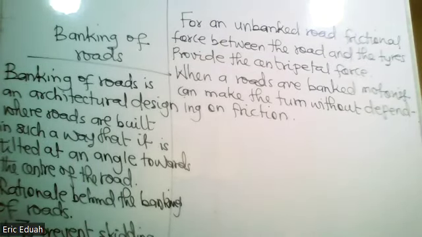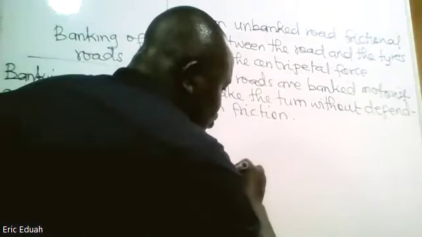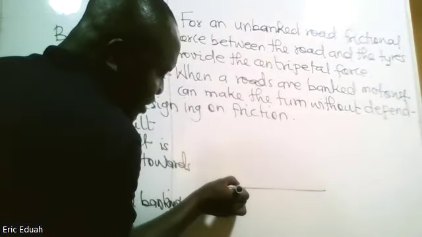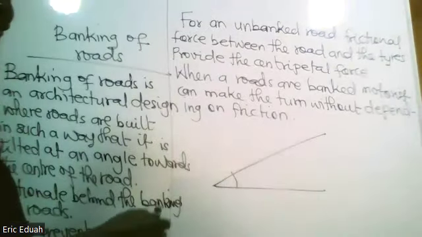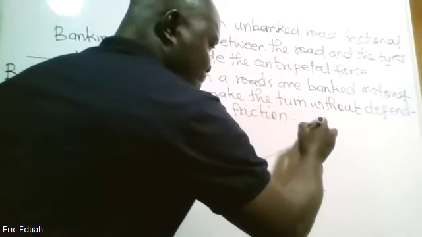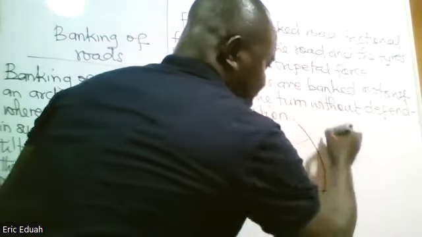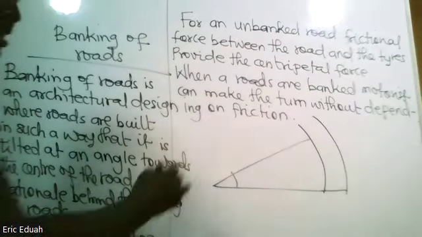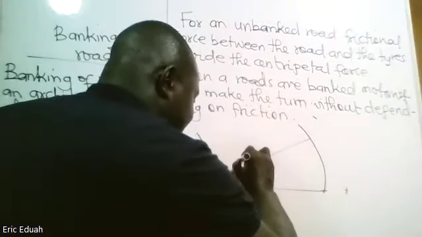Okay, so what we will do in our next discussion is look at when the road is banked, what provides the centripetal force. We are saying that when the road is banked, drivers do not rely on friction to make that turn. So what is that thing which provides the centripetal force?